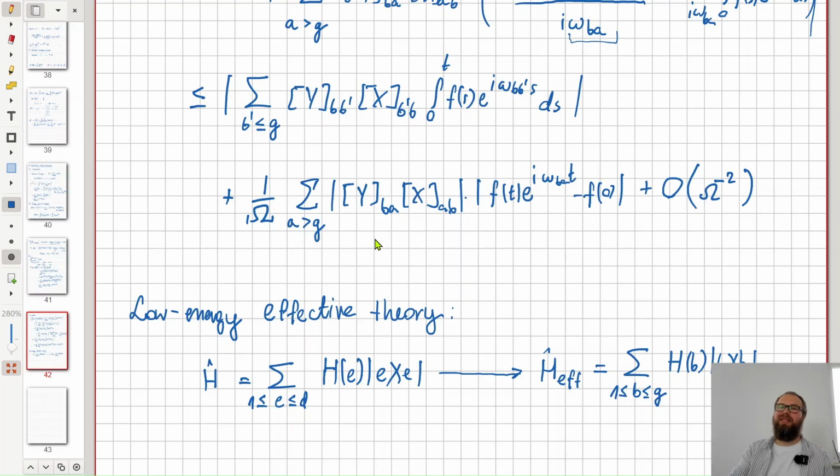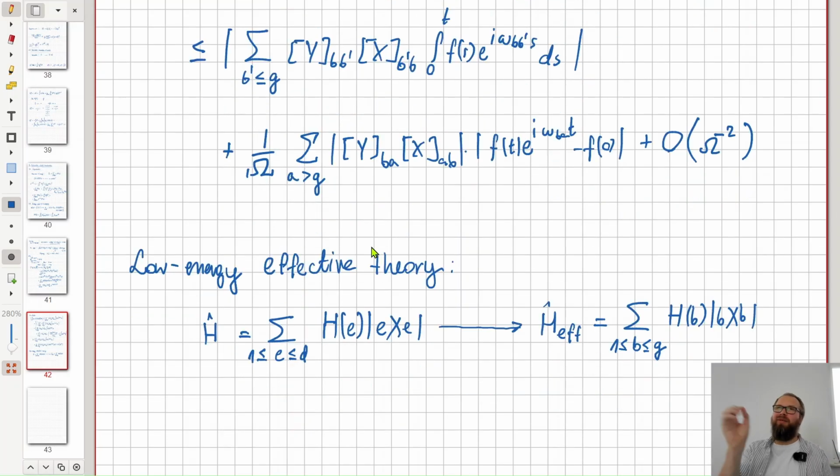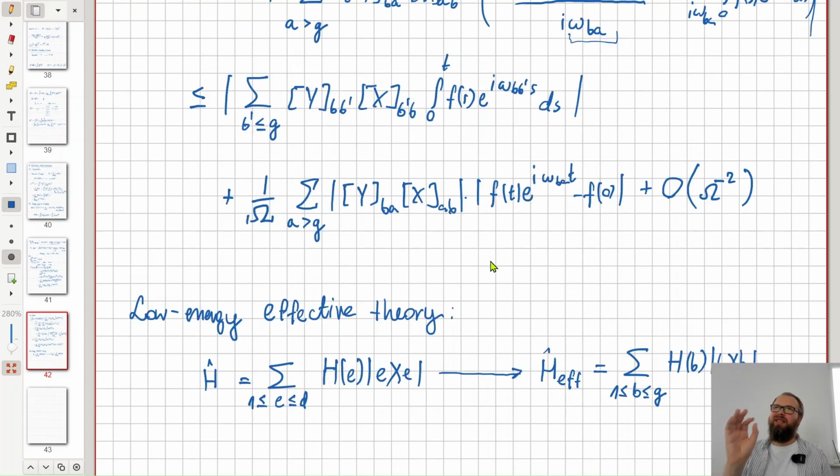This is the argument. And one more thing to note: it's actually not essential that this is the subspace of lower energies. You could equally well do it for a higher energy subspace, because what matters is the energy difference.